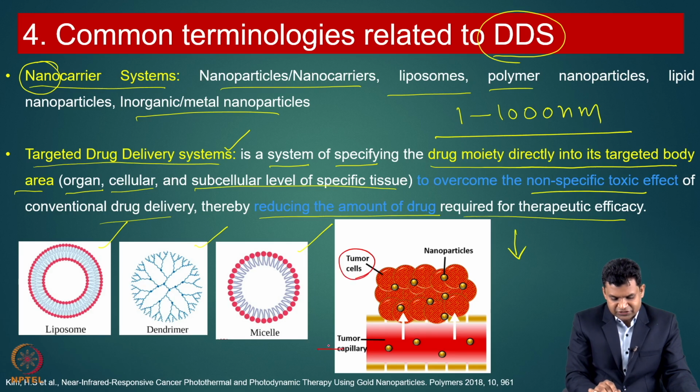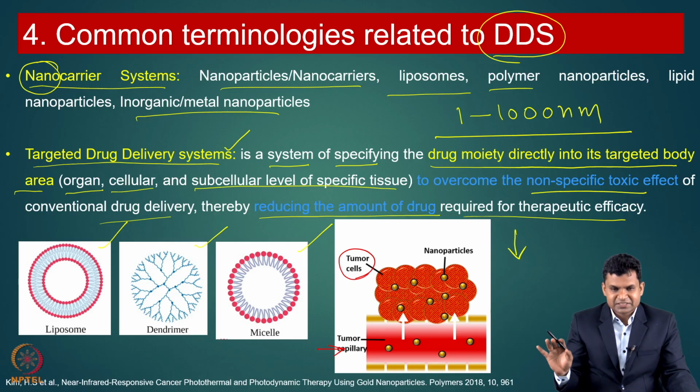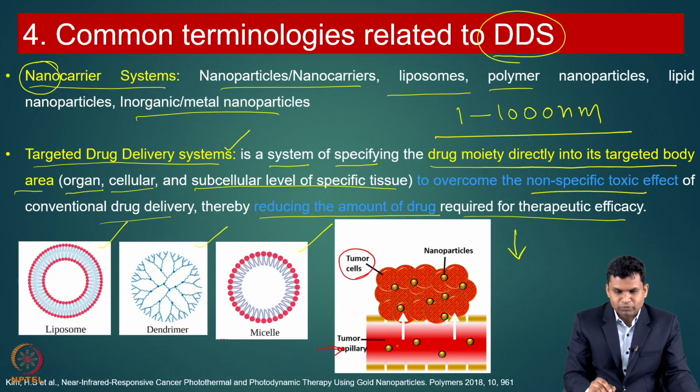Once you have given the injection, it will not reach the non-specific sites, because the carriers are functionalized with ligands. They will circulate through all the organs but will not accumulate in other normal cells, because tumor cells have such a structure that small molecules in the nano range will enter the tumor site.